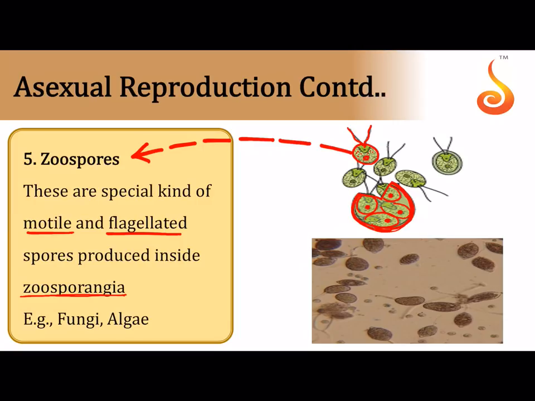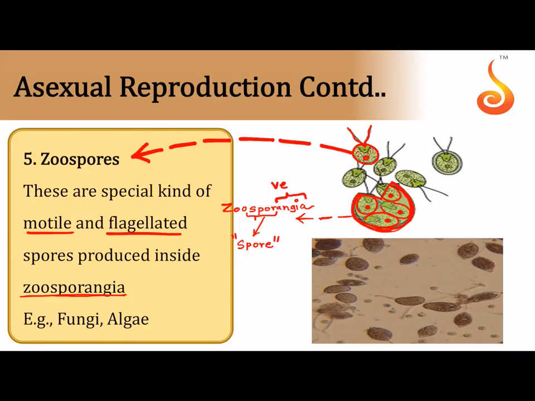Isn't it? So remember, the parent cell, this is also a cell only, but it looks massive because it's filled with zoospores inside. This parent cell is referred to as the zoosporangia. Isn't it? Now sporangia, sporan means spore, zoospore.